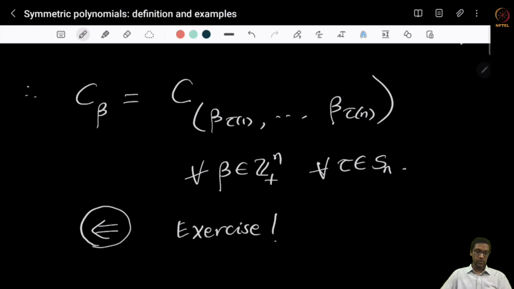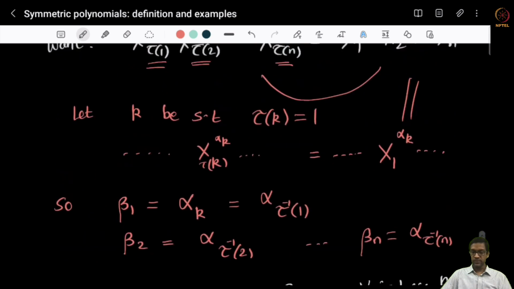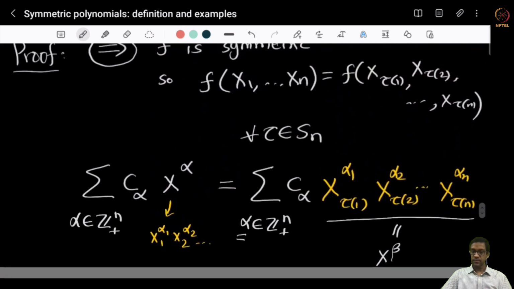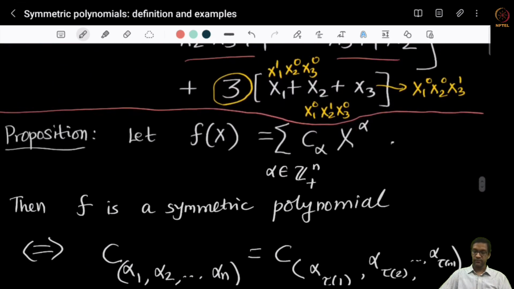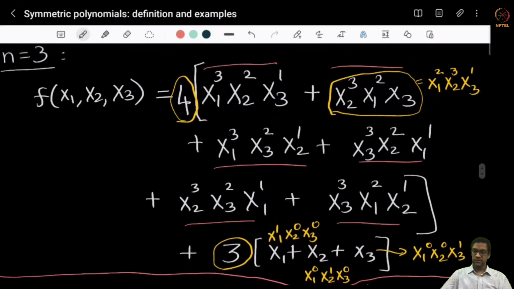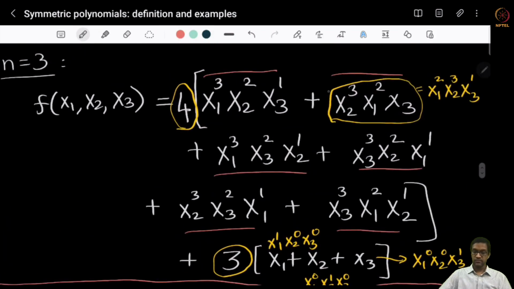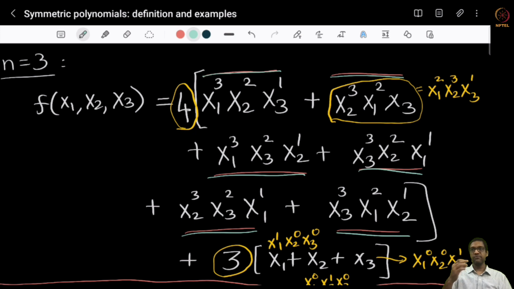Observe that we had already seen this in the previous example, as I said before. Let's just quickly see how this played out there. These 6 terms on top, 1 2 3 4 5 and 6, are all obtained there of the form x power alpha, some alpha and the various permutations of alpha.